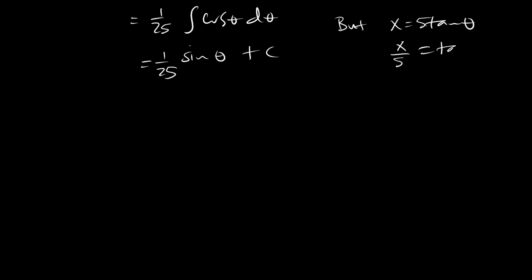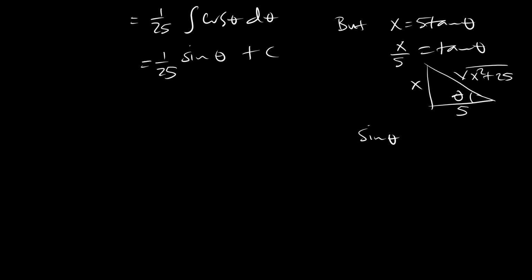But we said let x be equal to 5 tangent theta, so x over 5 is equal to tangent theta. If we have a triangle there with the base angle theta, since tangent is opposite over adjacent, we have x over 5, and the hypotenuse becomes the square root of x squared plus 25. Therefore sine theta becomes opposite over hypotenuse, which is x over the square root of x squared plus 25.